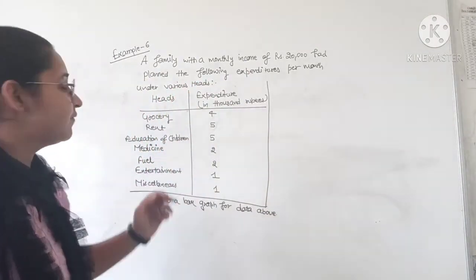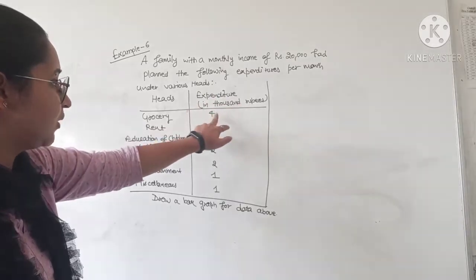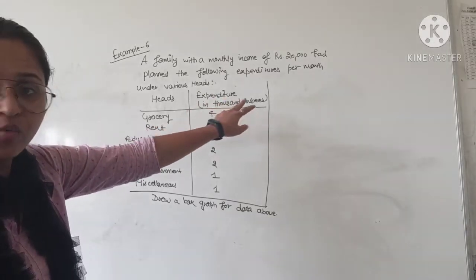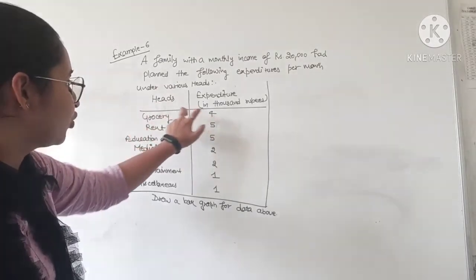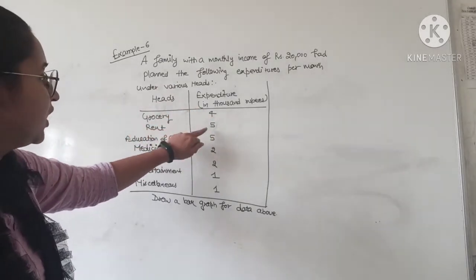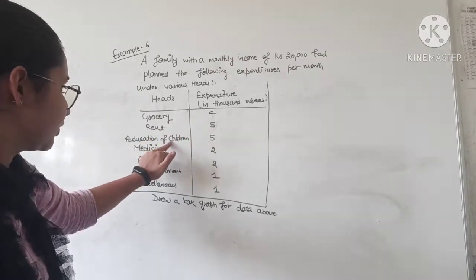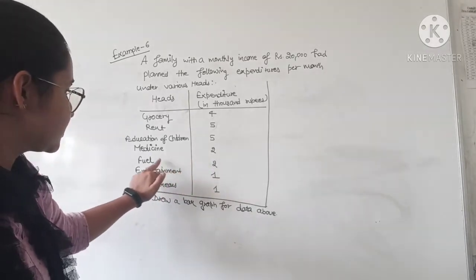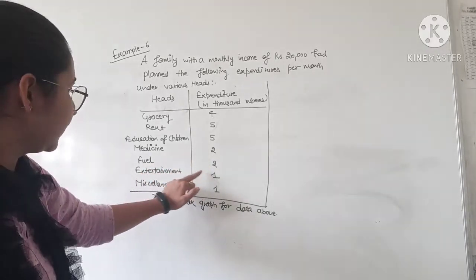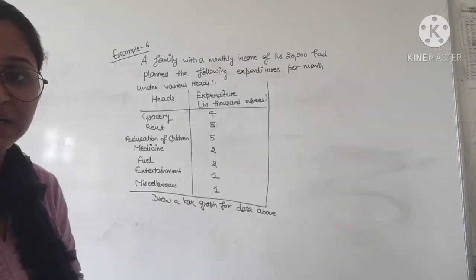The expenditure is in ₹1,000, so 4 means 4,000 rupees. The family spends 4,000 rupees on grocery, 5,000 on rent, 5,000 on education, 2,000 on medicine, 2,000 on fuel, 1,000 on entertainment and 1,000 on miscellaneous.